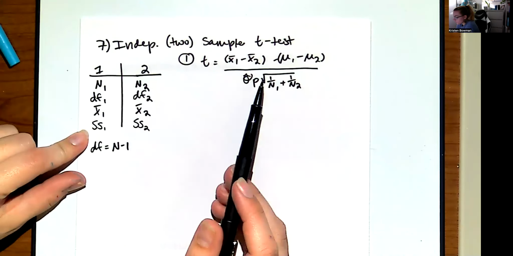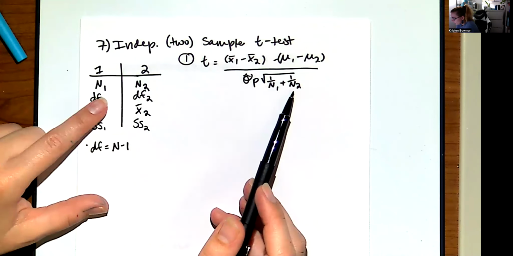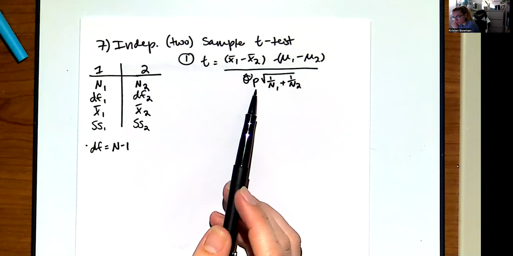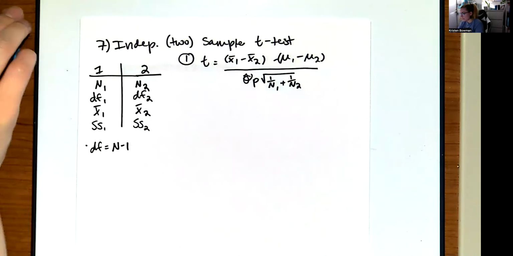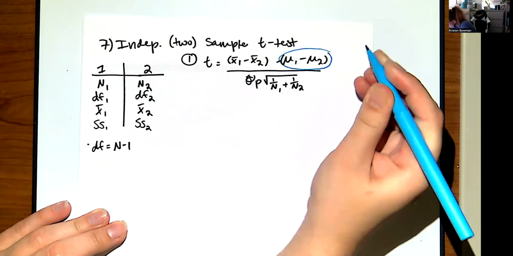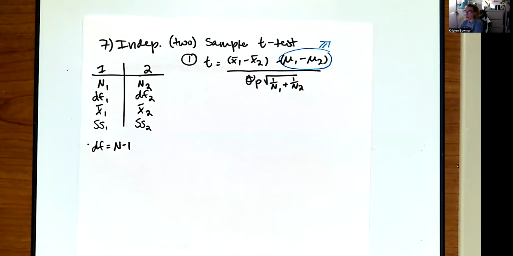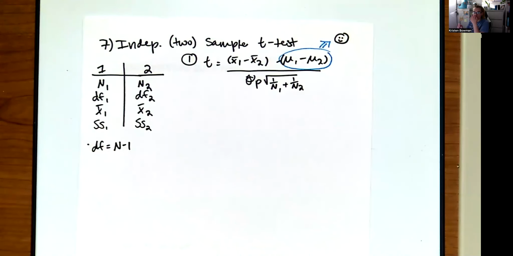Okay, well, based on this chart, we have all the pieces of information we need. So we have x bar 1 and x bar 2, we have our n's, but we don't have the sigma hat pooled, and we don't have any mu's. Well, I'm going to go ahead and give you a hint that this right here will always, in this class, for our scenarios, be 0. I'm gonna make a little smiley face. That is 0.